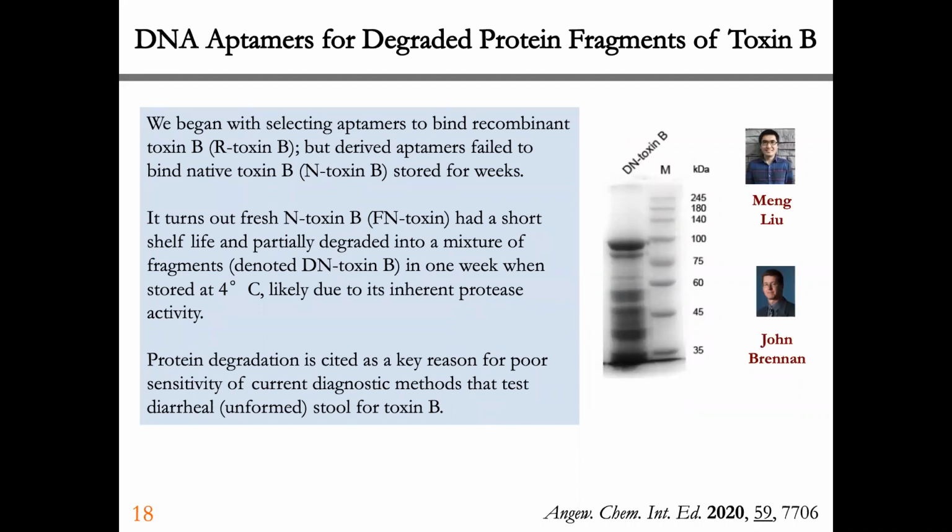We started with selecting aptamers that bind to recombinant toxin B. Toxin B is actually quite a big molecule. So that's probably a little bit of a problem to begin with. And the recombinant toxin B only represents a domain of it. But we found that we successfully developed aptamers, but they failed to bind the native version of toxin B. I call it here N-toxin B, okay?